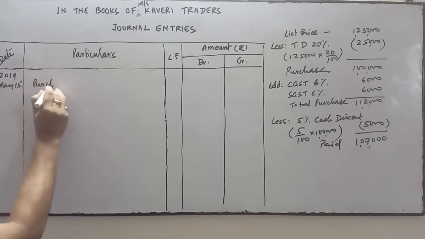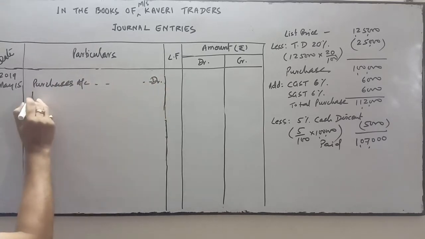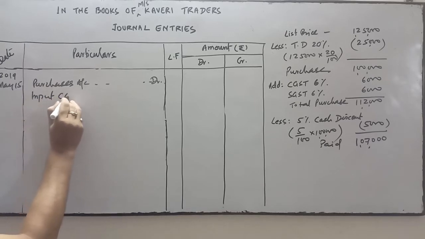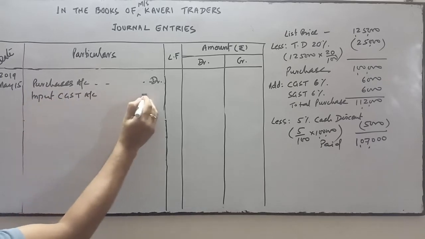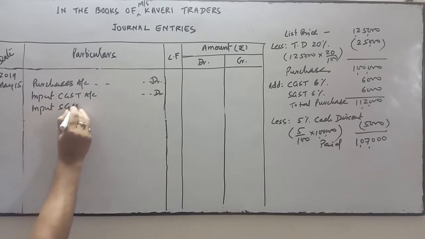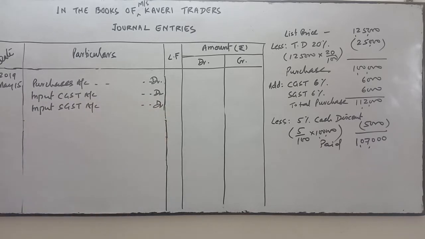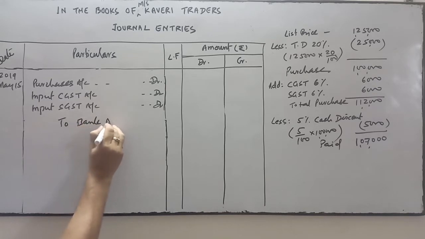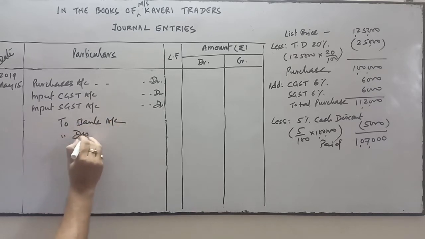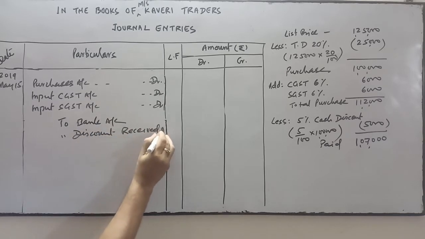Purchase account debit, input CGST account debit, input SGST account debit, to bank account, to discount received account.